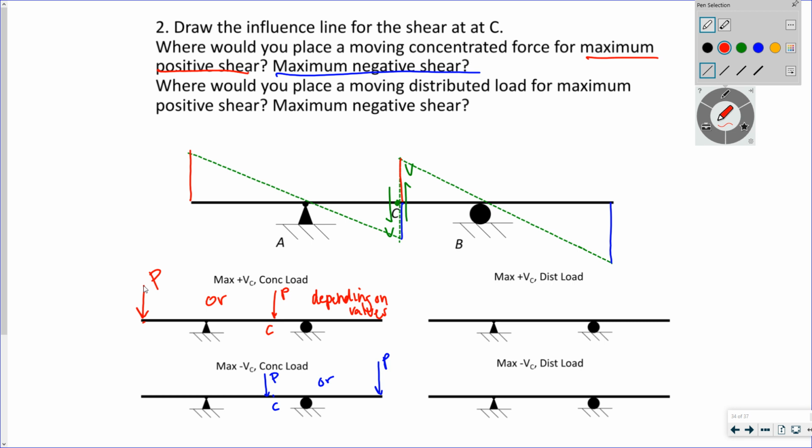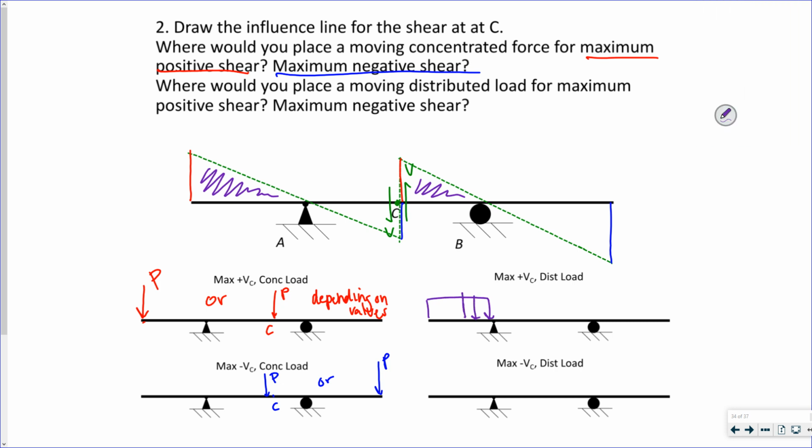What about a distributed load? Let's say I go purple and then orange, right? Okay, let's see. Purple. Where would you put a distributed load? Maybe here, maybe both. All of these, you need some type of values, right?